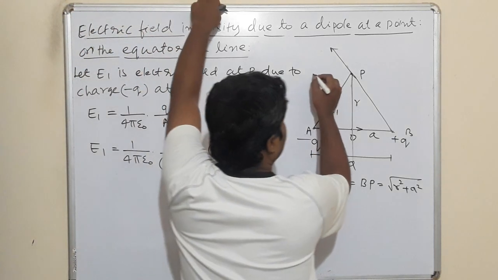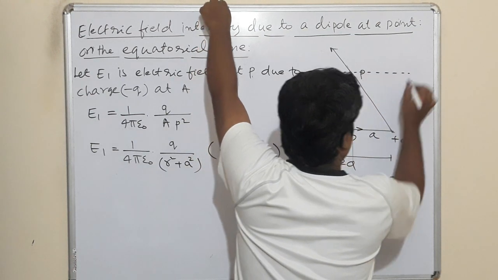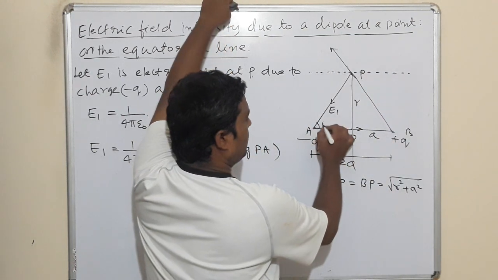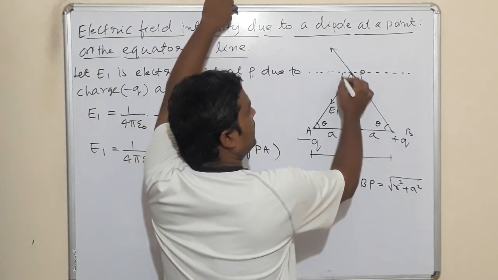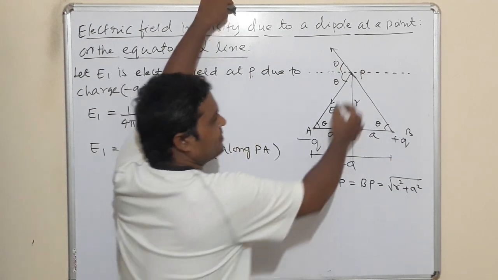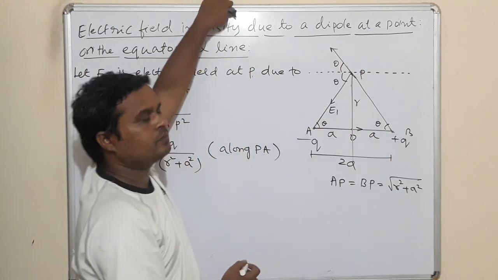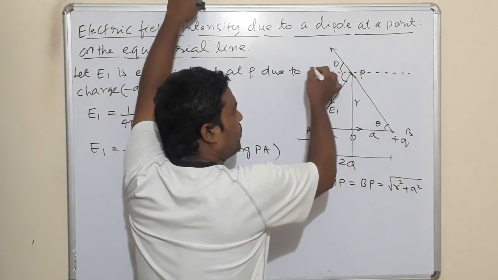I will draw a parallel line here which is parallel to the axis of the dipole. Let me take these angles as theta and theta. This will be theta and symmetrically this is theta. This is E1. This E1 can be resolved into two components like this.